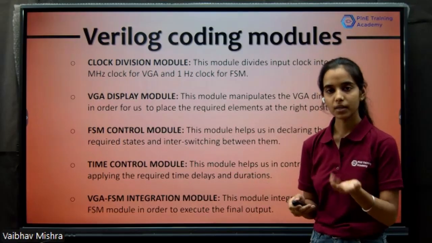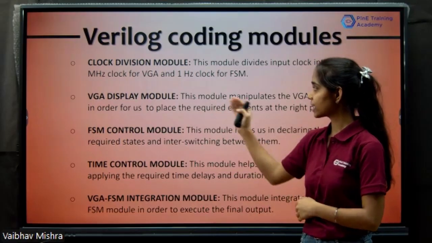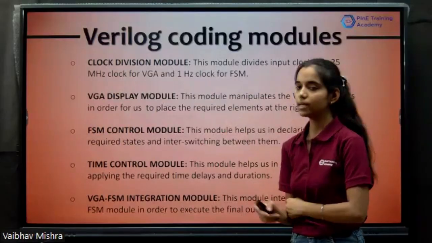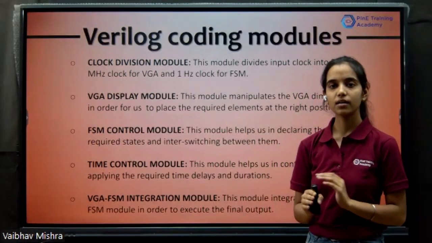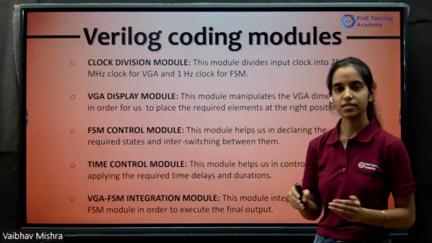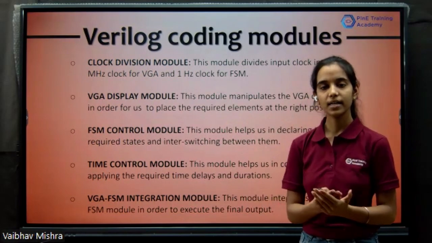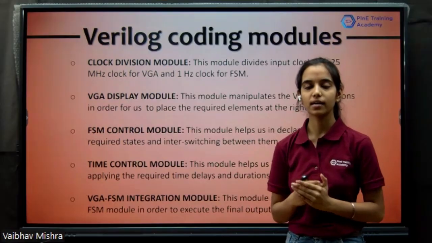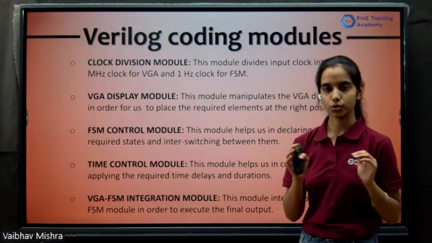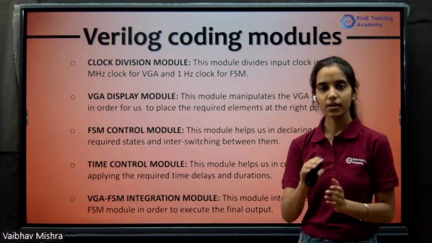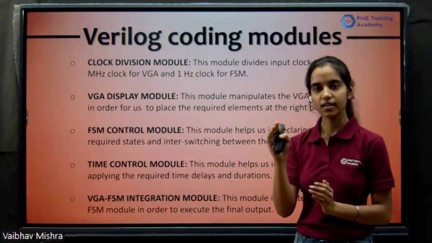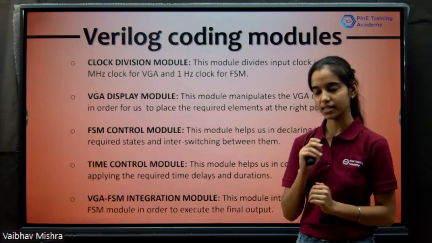Now, for the second module, we used VGA display, where we design our structure, where all the circles will be placed and how our system will look. It is designed to look like a standard traffic light crossroad, which displays 4 roads and the red light, green light, and yellow light on each of the sides.